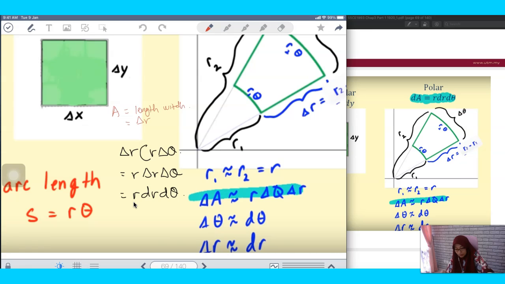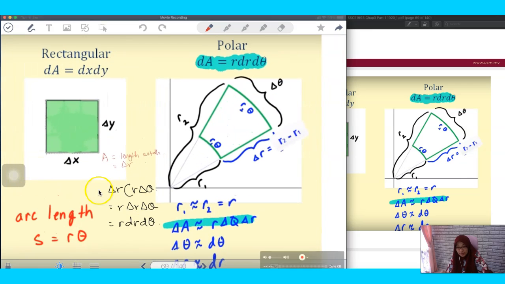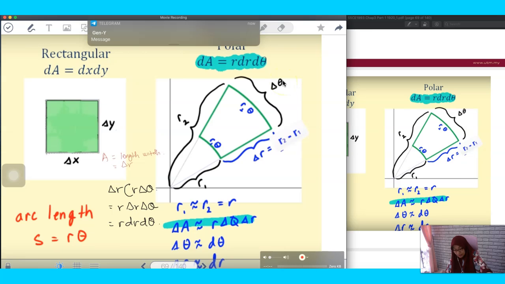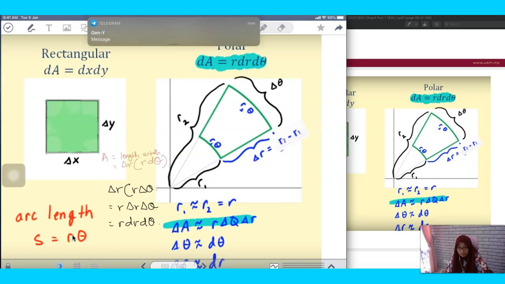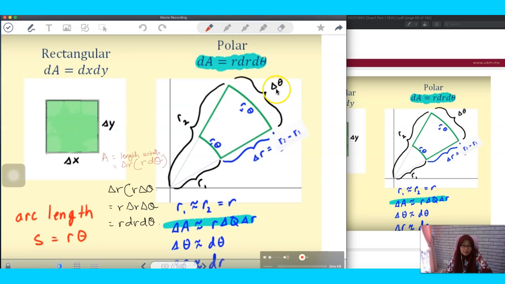Because this one is delta theta, we don't have just theta, so we multiply the r, the single r, and delta theta. So that is the arc length. In Malay, this is called panjang lengkok, r kali dengan theta. Your theta is not theta, but delta theta. So to get the arc length is r multiplied by delta theta.